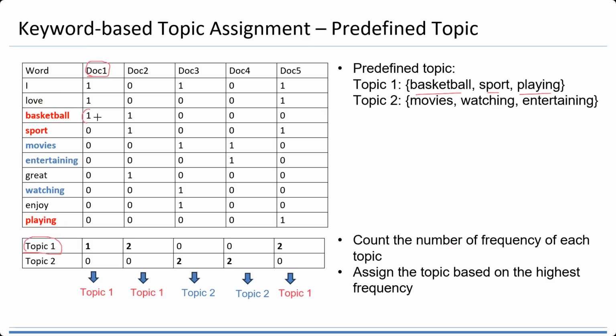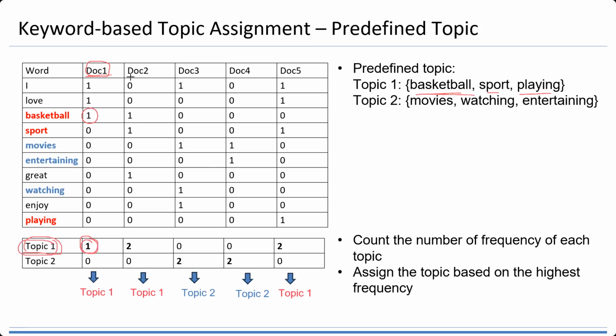We have one red color. So document one can be in topic one because there is one keyword, that is basketball.